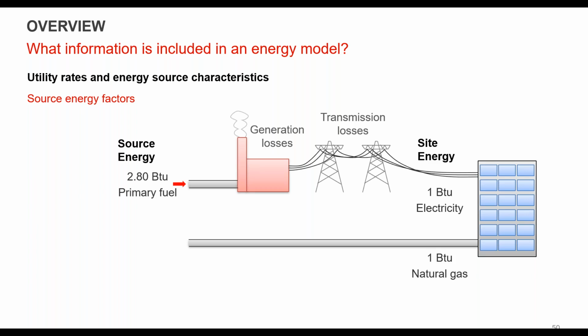A pretty good reference, at least for now, on average in the US is about 2.8 units of primary fuel results in 1 unit of site fuel. But it does vary quite widely. I think for New York right now, that number is 2.4. Certain places, it's over 3.5. But if you look at the eGRID, it gives you a pretty good idea of those rates by location in the US.